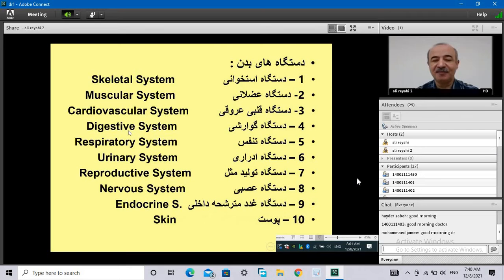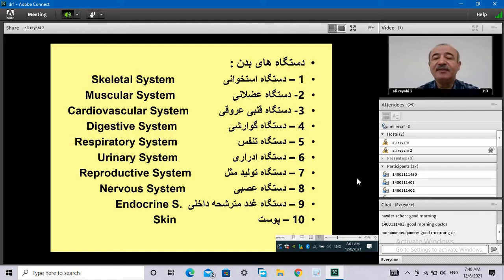The digestive system, for eating, for example, the respiratory system, urinary system, reproductive or genital system, nervous system, and endocrine system, that is formed by some glands that produce hormones and release these hormones to the blood. And the skin, we can categorize the skin as a system of the body.